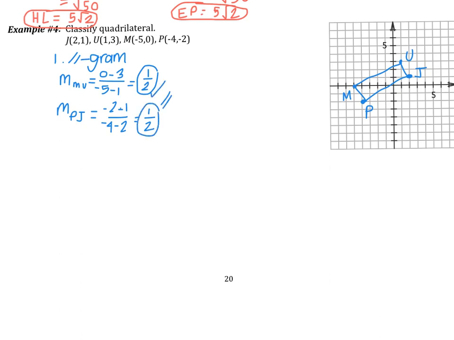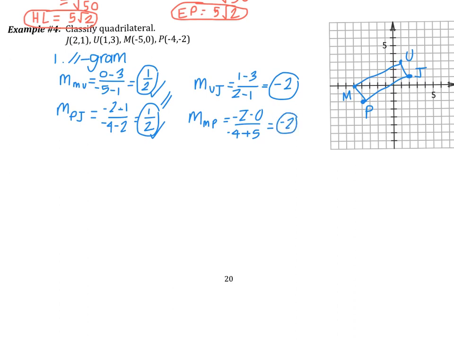Okay, I got some parallel sides. I got one set, to do two more. Slope of UJ, 1 minus 3, 2 minus 1, -2 over 1, -2. Last slope, MP, -2 minus 0, -4 plus 5. So you get -2 over 1, which is also -2.